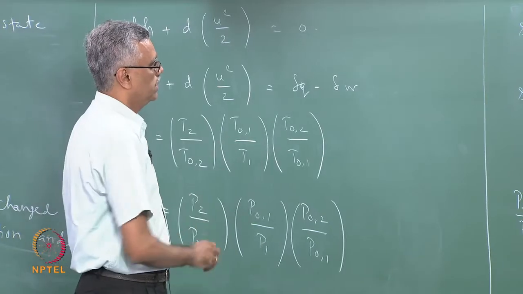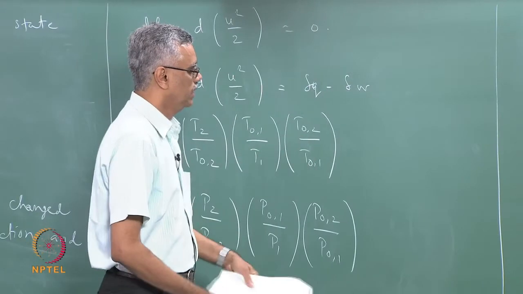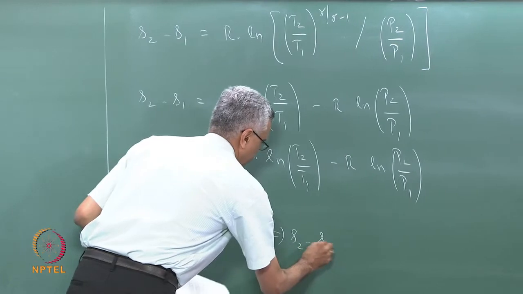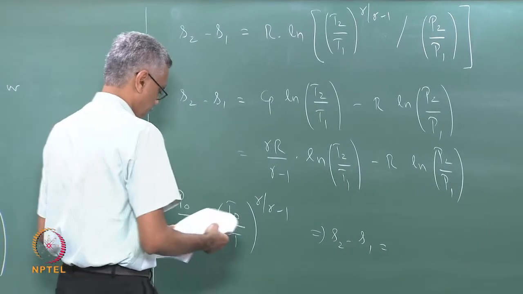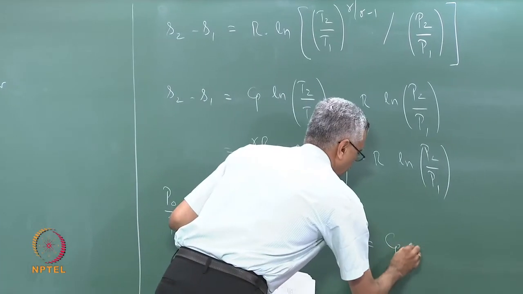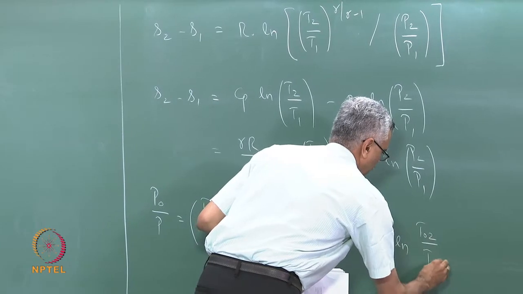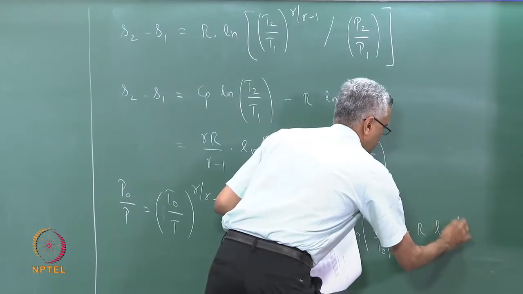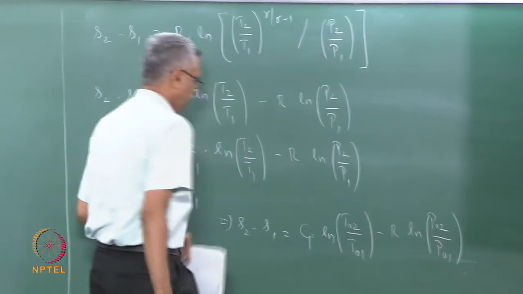So if I use this relationship and these relationships in this equation, I can arrive at the following expression finally. I get the following expression: S2 minus S1 is equal to Cp natural log T02 over T01 minus R natural log P02 over P01.